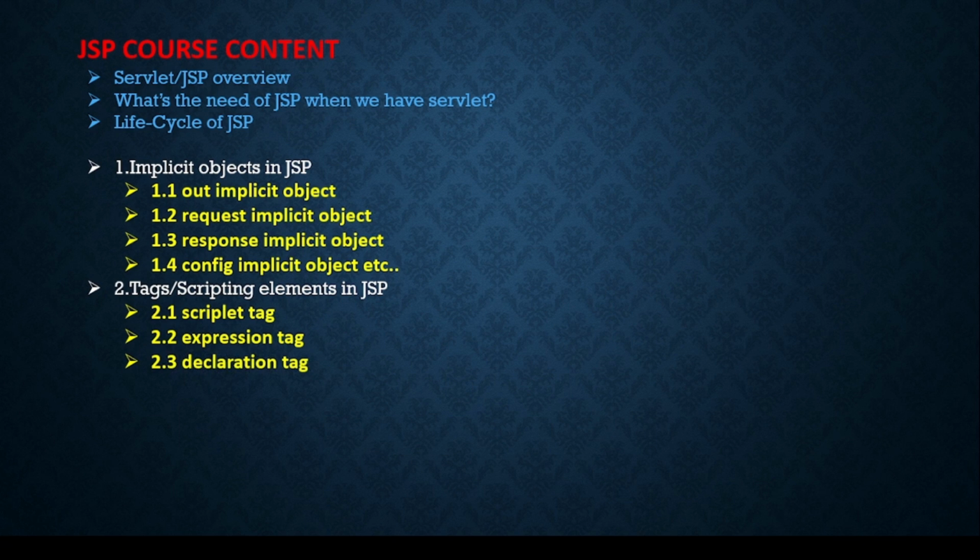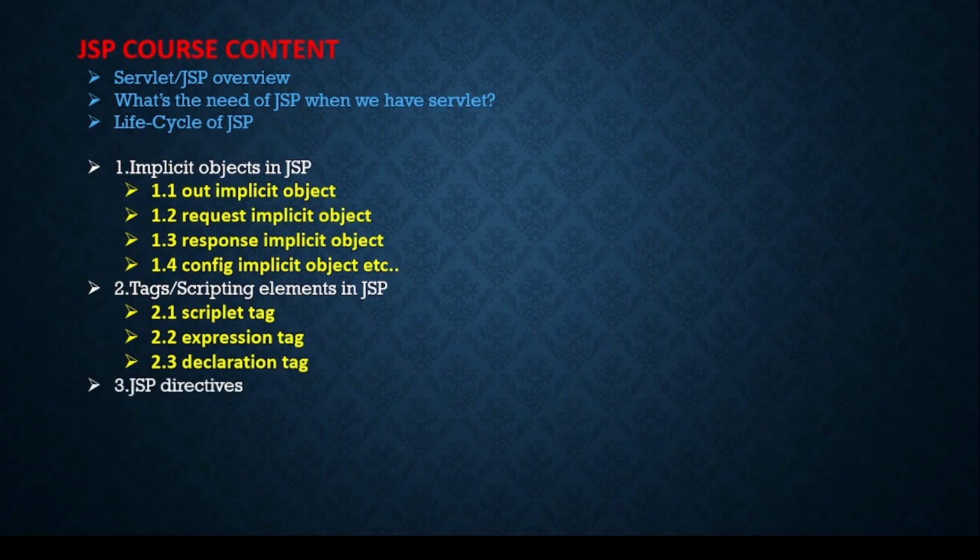How are we going to use and work with these tags? These tags are used to write the Java code inside the JSP page. In detail we are going to discuss.